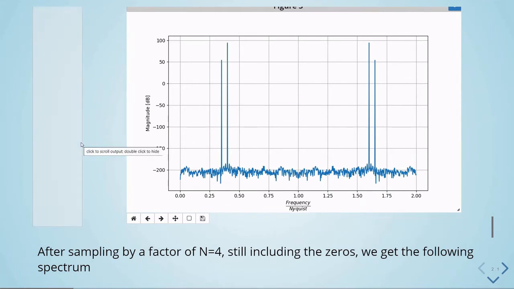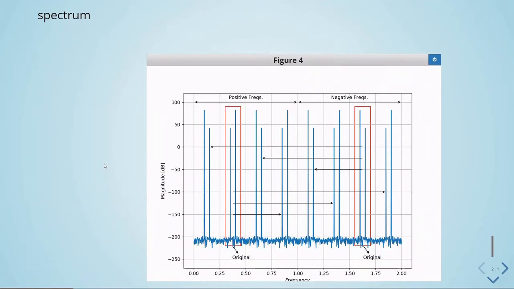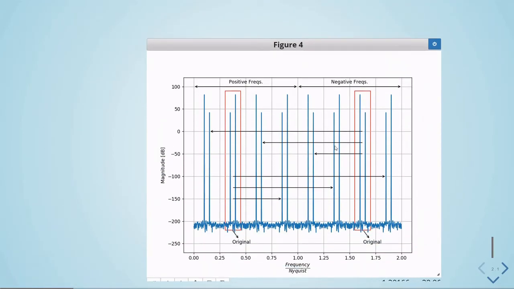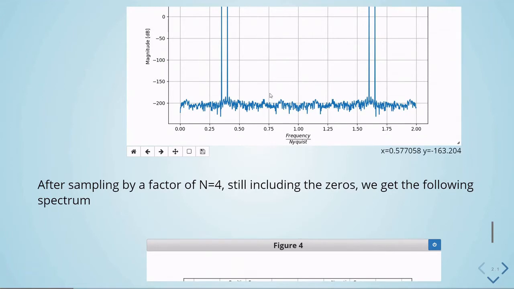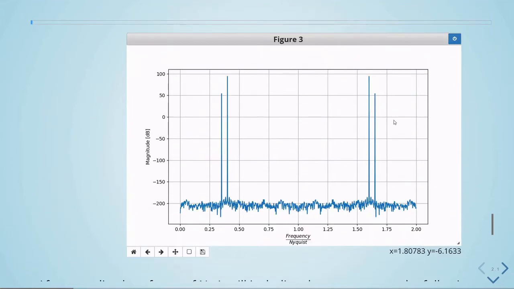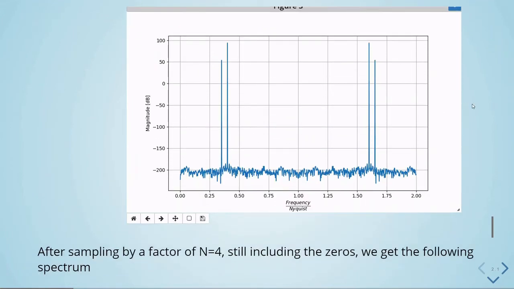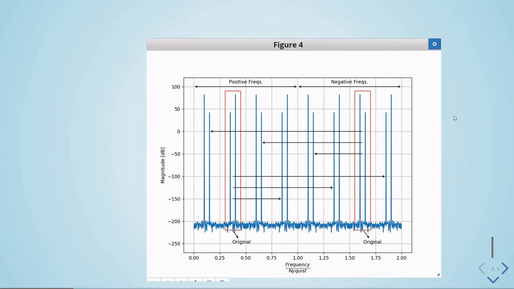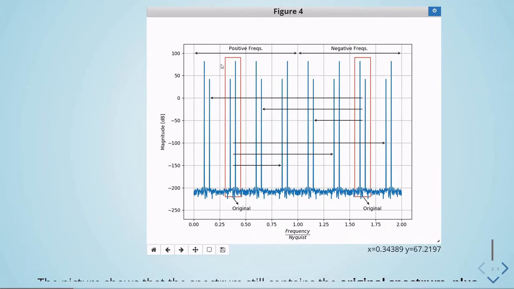After downsampling by a factor of N equals 4, still including the zeros, we get the following spectrum. This is the original signal, and now we are downsampling by a factor of N equals 4. We can see that we have positive frequencies and negative frequencies.